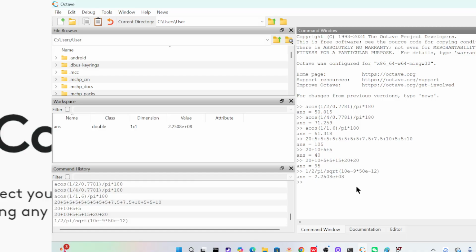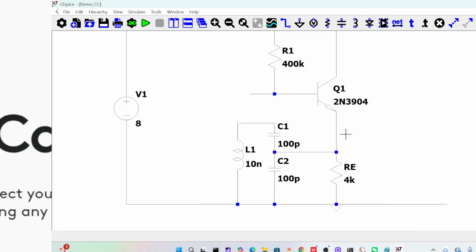And let's check. So I should get quite a large value, right? 225 megahertz. So let's do this for this circuit. I think it's a good one.